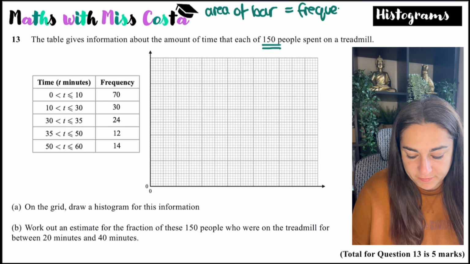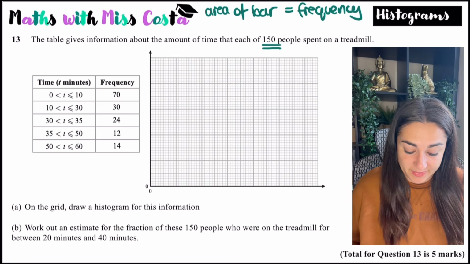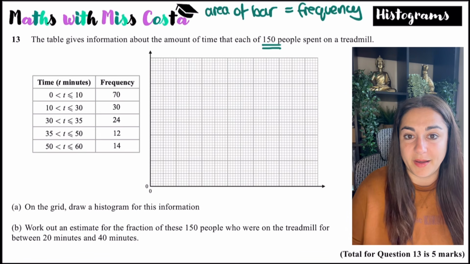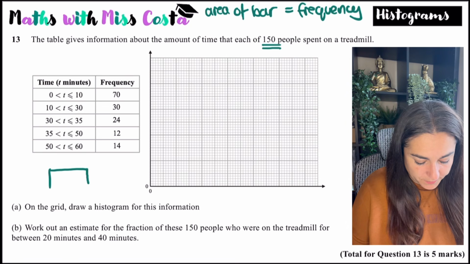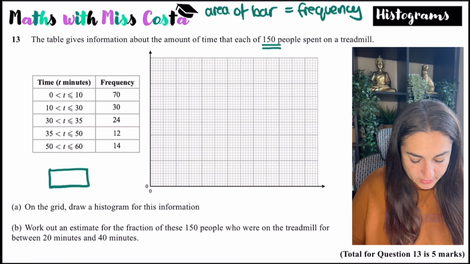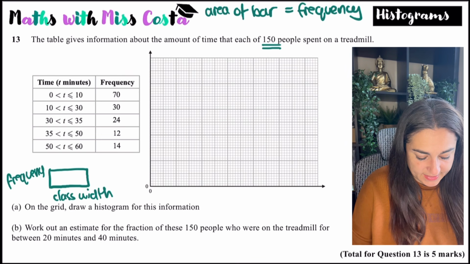If you have an issue remembering that frequency density is the frequency over the class width and things like that, just think to yourself, the area of the bar is the frequency. If that is true, then that must mean that the class width times the frequency density gives you the frequency.